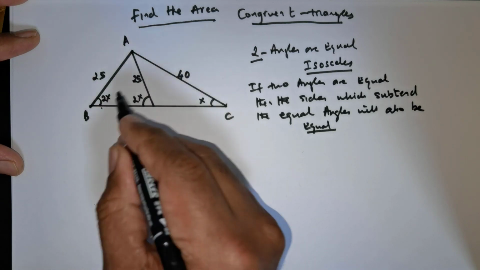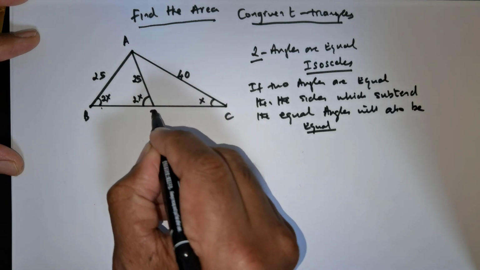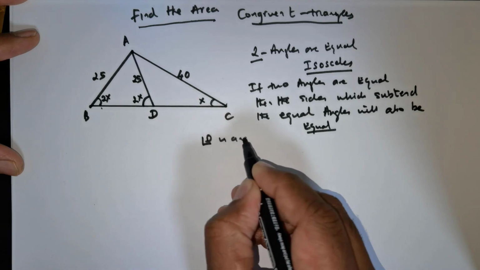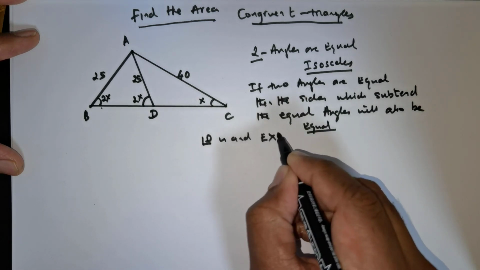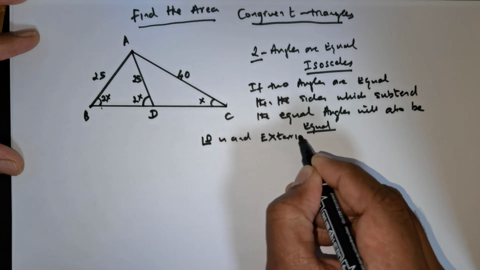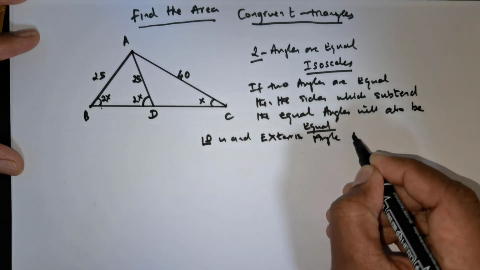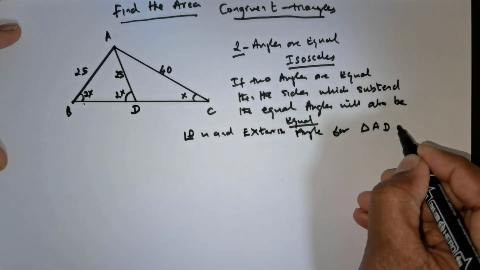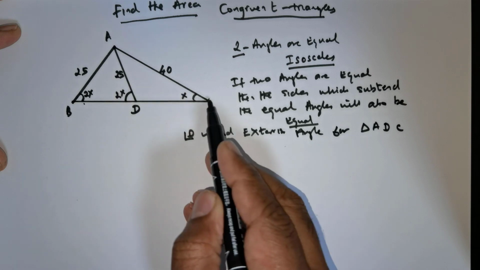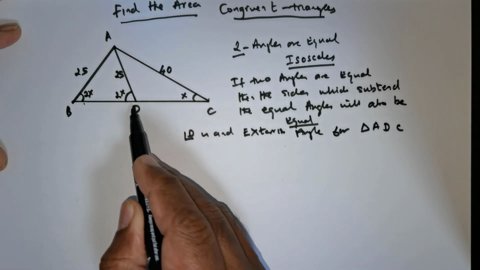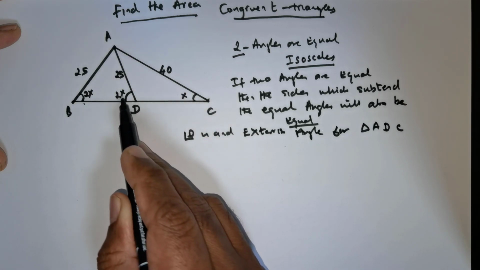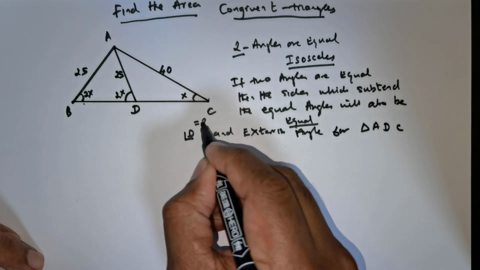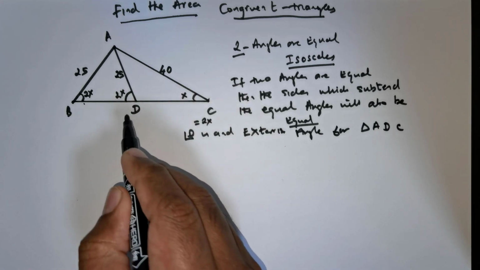Let me consider A, B, C, D. Let this point be D. Now angle D is an exterior angle for triangle ADC, right? For this triangle ADC, angle D on the other side has an exterior point also. Angle D is equal to 2x.